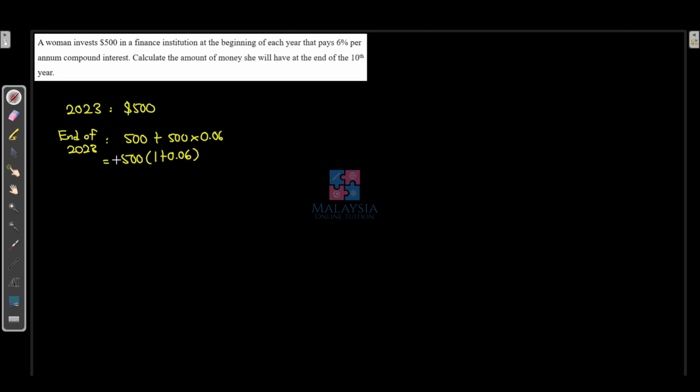So now let's look at the next one, 2024. So for the year 2024, at the beginning of the year 2024, how much is the woman going to have? It is 500 plus 500 and then 1 plus 0.06. The 1 plus 0.06 is from the end of 2023.